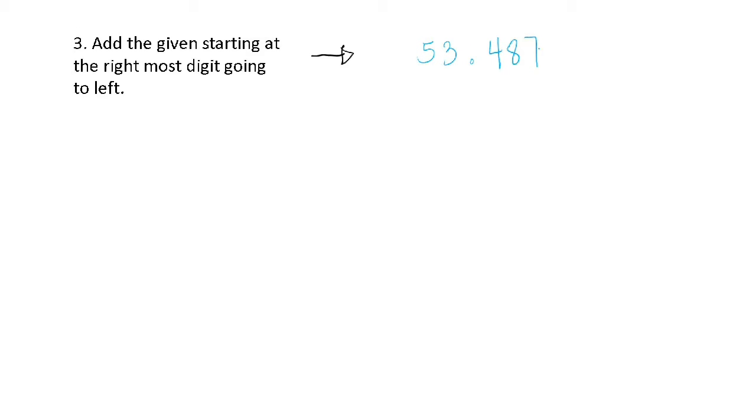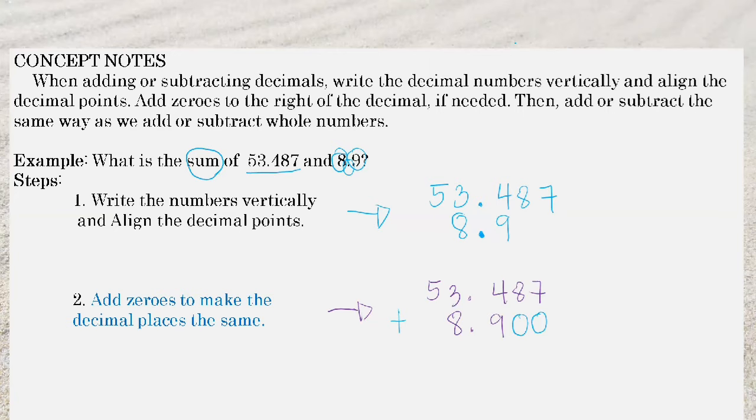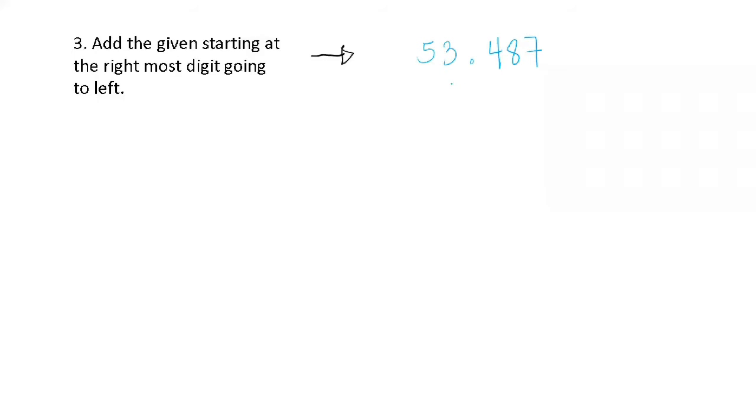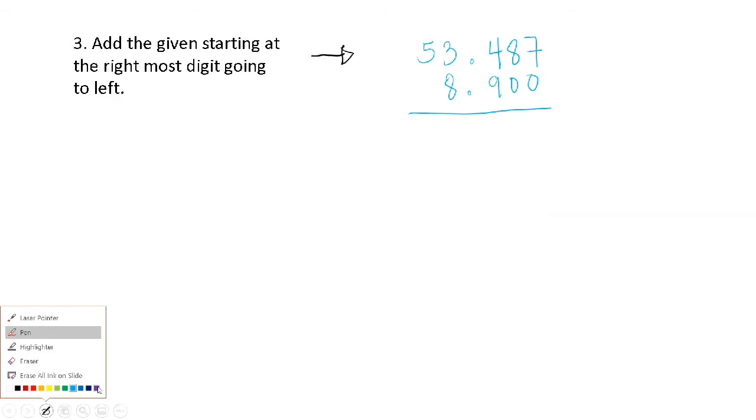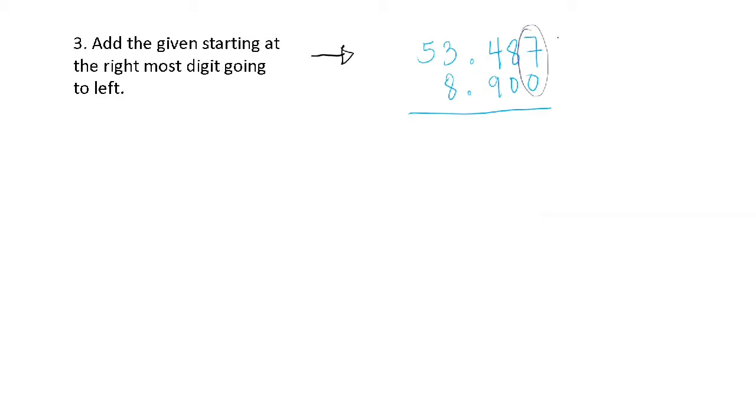In adding or subtracting, we start with the rightmost digit going to the left. Ibig sabihin, from right to left ang pag-a-add natin. So, let's start adding the thousandths place value, 7 and 0. 7 plus 0 is 7, since we are going to get the sum.